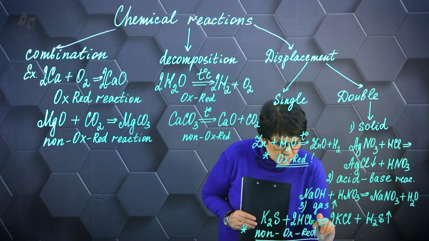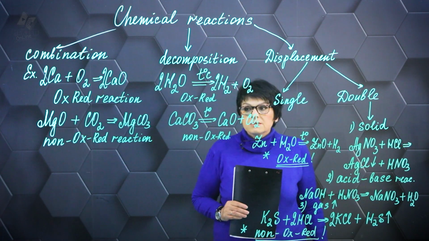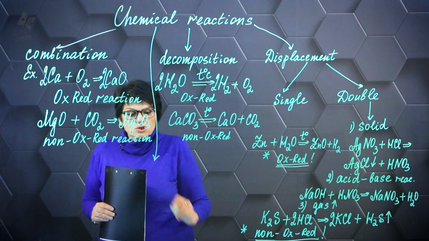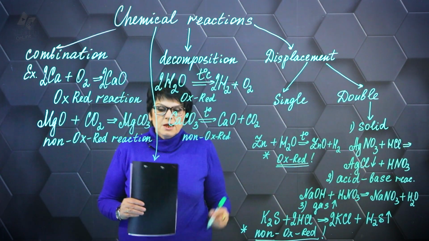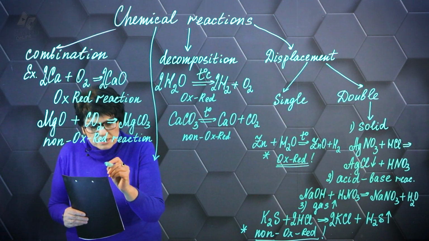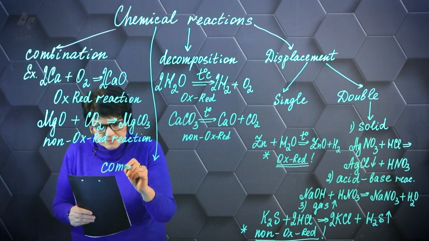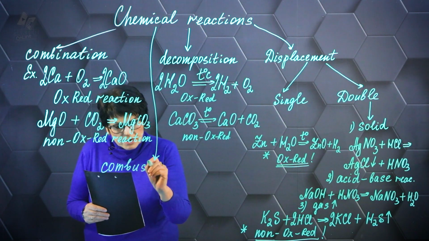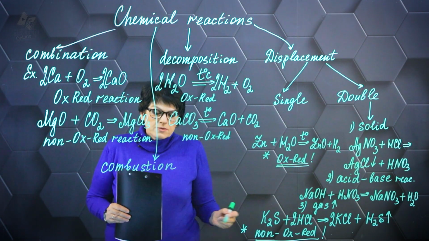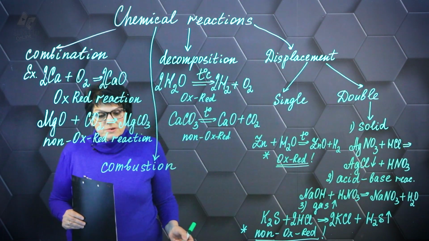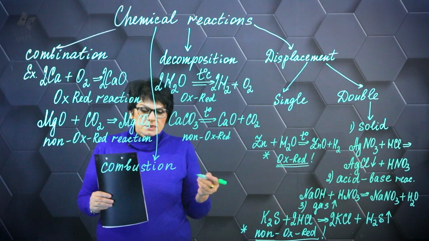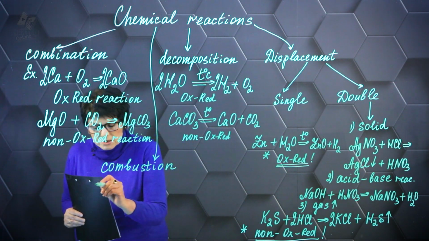Well, to be fair, there's another kind of reaction that we emphasize in a special way, and that's the combustion or oxidation reaction. It is a reaction that takes place with oxygen. And in this case, if it's accompanied by the release of heat and light, it's called combustion. Here is an example of such a reaction.